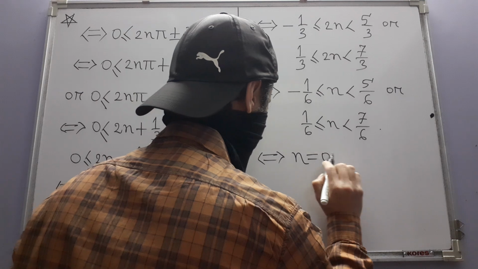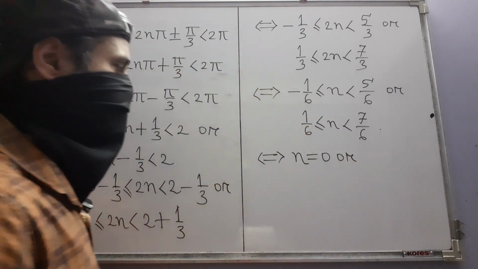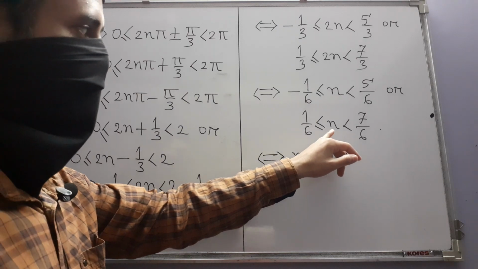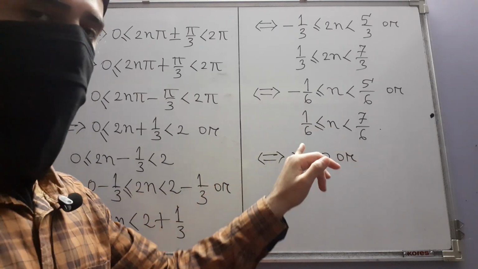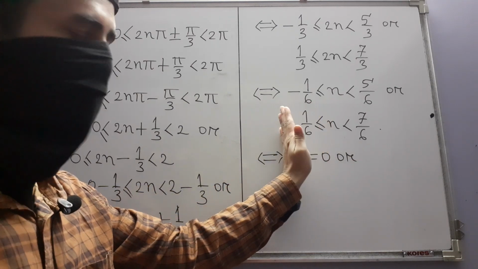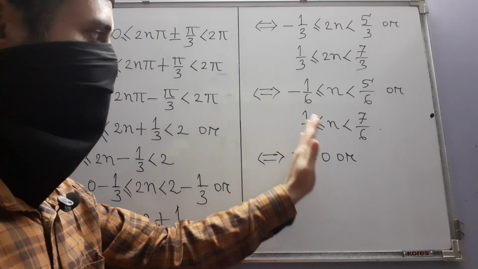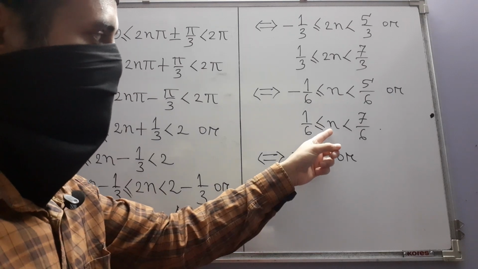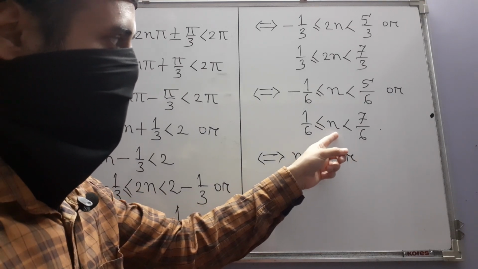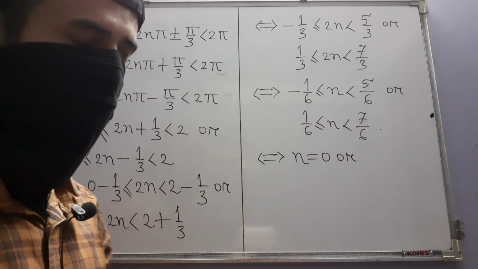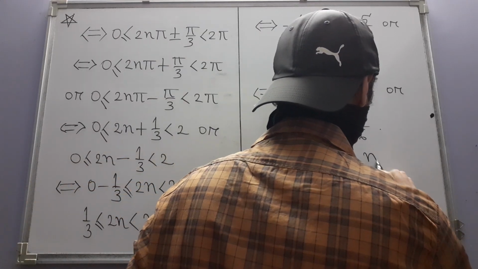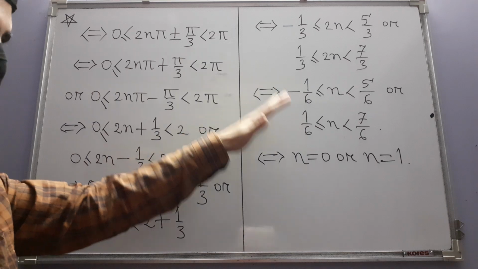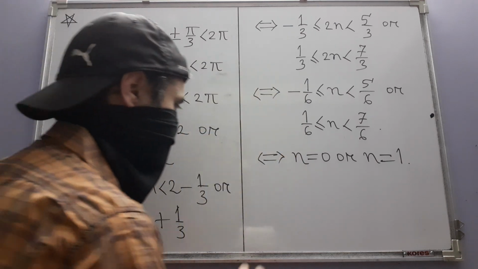N equal to 0, or what do we get from this one? This is also similar. N cannot be 0 because 0 already lies to the left of 1 over 6. N can be 1, but n cannot be 2, because if n is 2, then 12 will be less than 7, which is false. So here also we end up getting two values, but from two sets of inequalities.